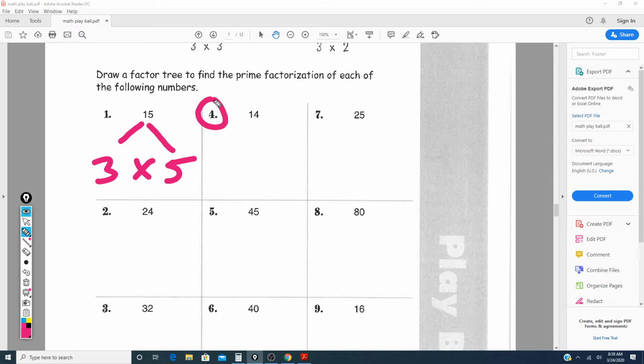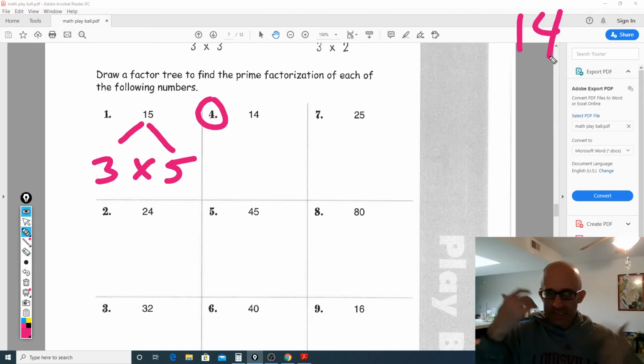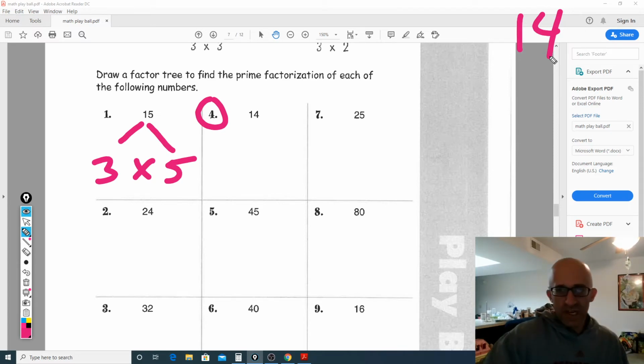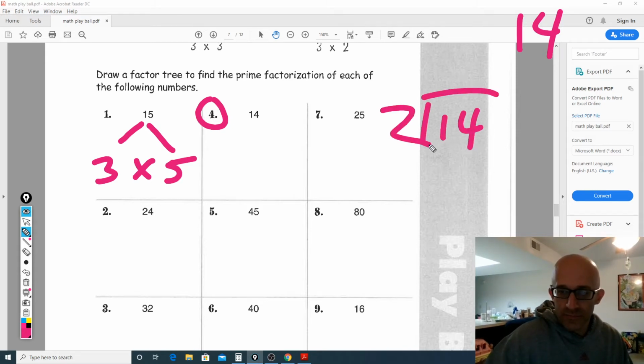Let's look at the number 14. It's the same process with everything: what factors can evenly go into 14? Can 2 be divided into 14 evenly? Yes, 2 goes into 14 7 times.